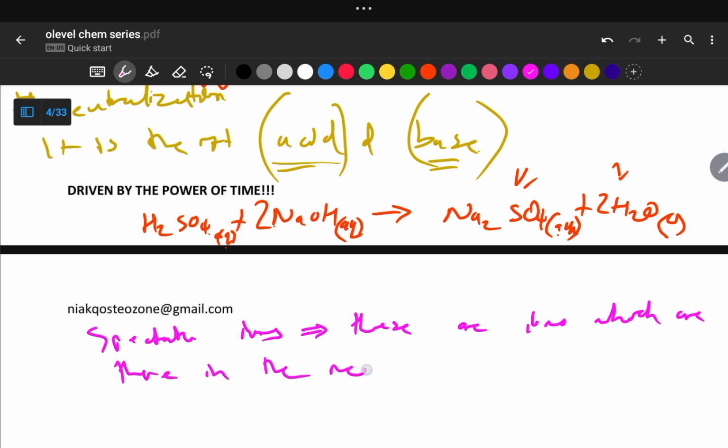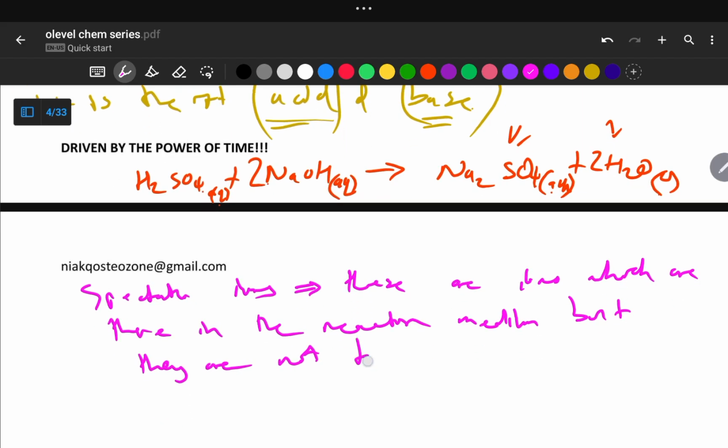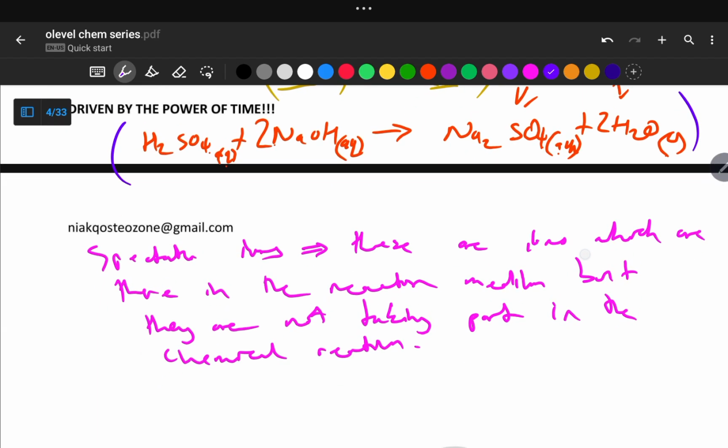So let us use this equation for us to deduce the ionic equation.